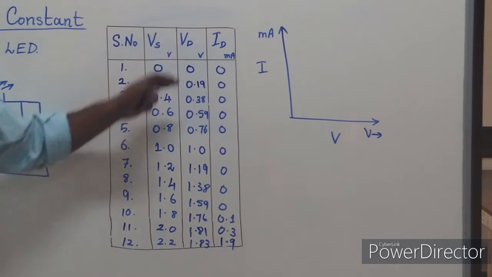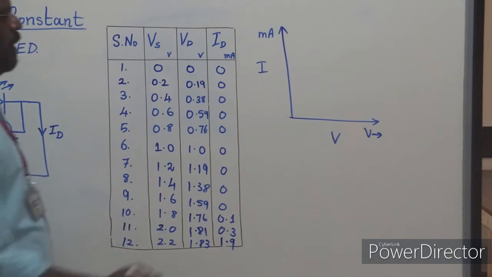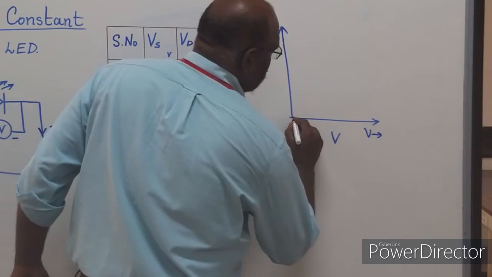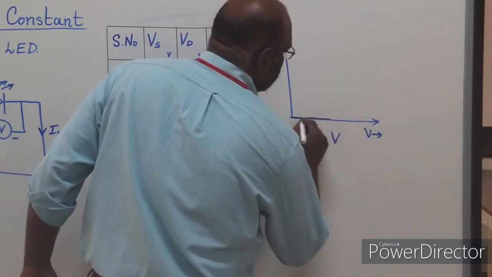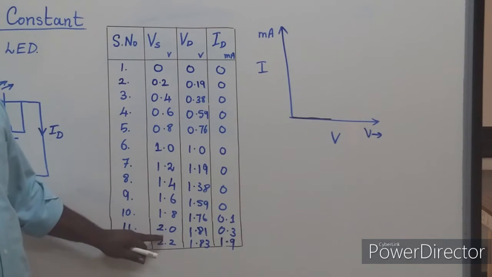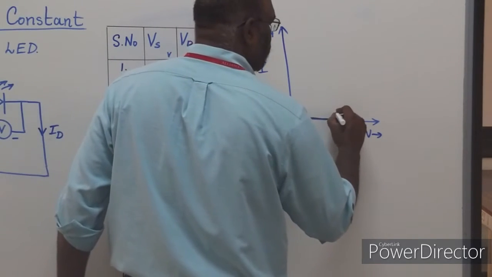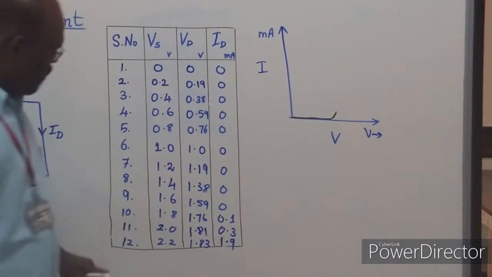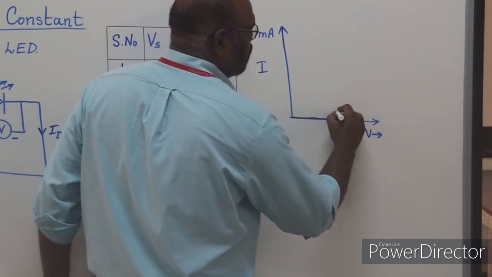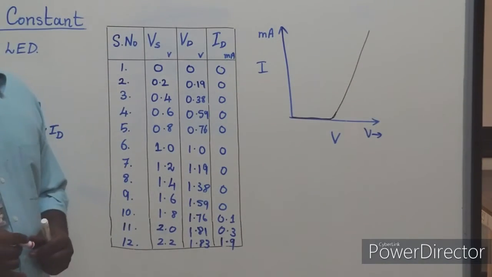From this plot, you can see that up to some 1.8, the current will be 0. After 1.8, the current starts increasing, and if you go beyond this, the current will increase very sharply. So this is the plot.